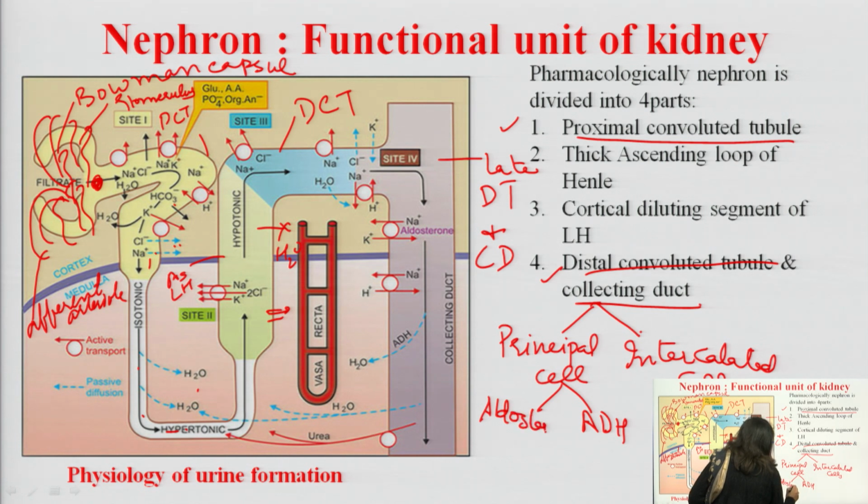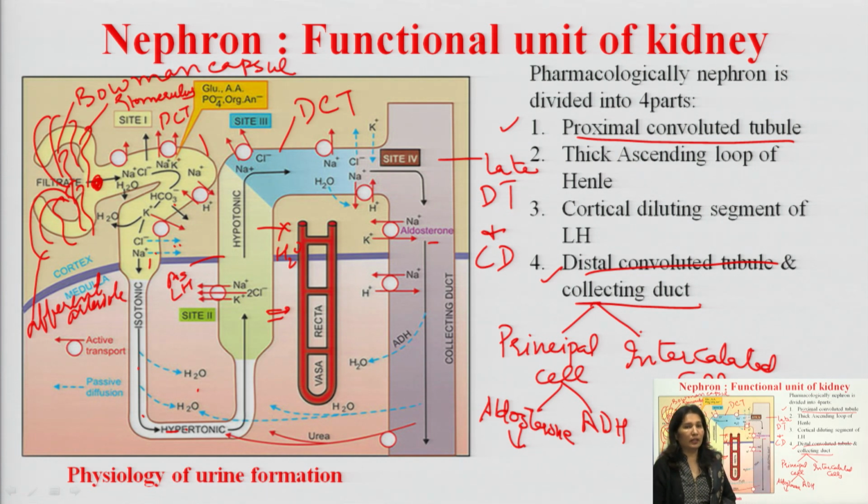Aldosterone is responsible for excretion of potassium into the lumen and reabsorption of sodium. In the intercalated cells, a sodium hydrogen exchanger is present.